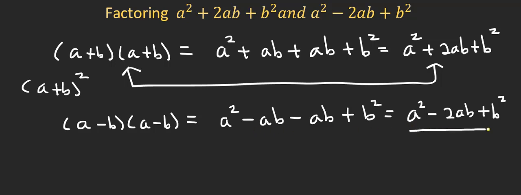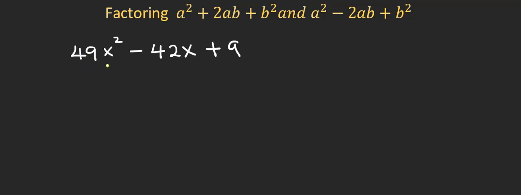So if you factor a squared minus 2ab plus b squared, you will get the quantity a minus b times the quantity a minus b, which is the quantity a minus b squared. This is a key concept to understand when we do perfect square trinomials. Let's take a look at 49x squared minus 42x plus 9.